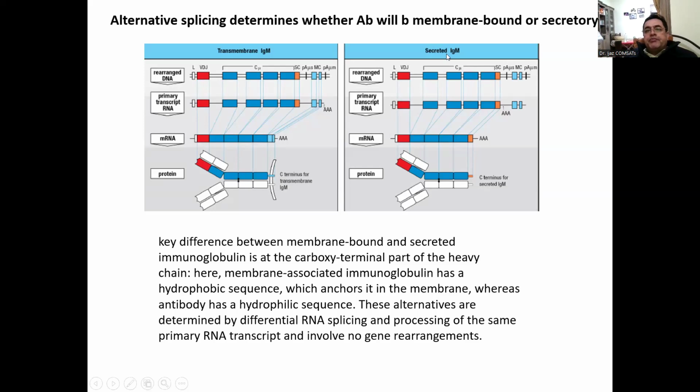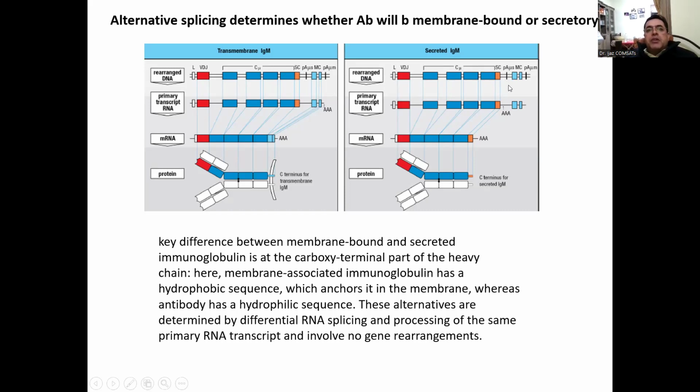On the other hand, in the secreted form of the IgM, when the B cell comes in contact with the antigen, and later on it is converted into a plasma B cell, then certain changes take place. For instance, you can see the rearrangement of the DNA as a result of somatic recombination, again giving you the same sequence for the heavy chain as you see in the transmembrane form.